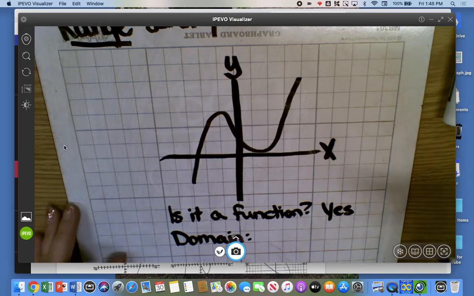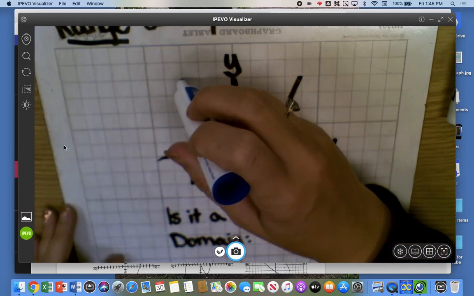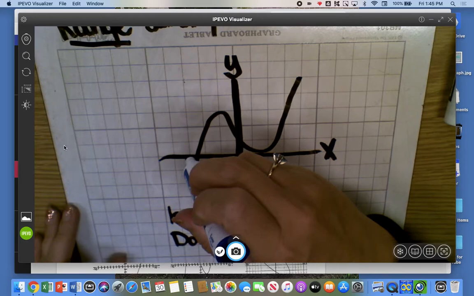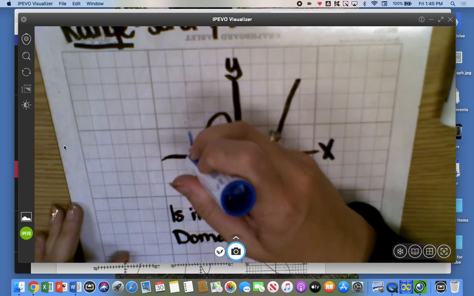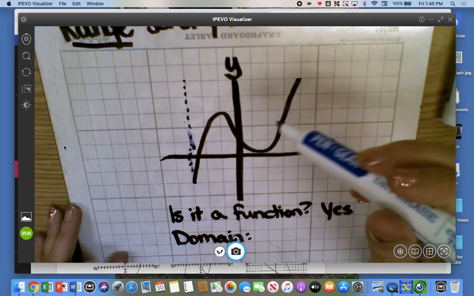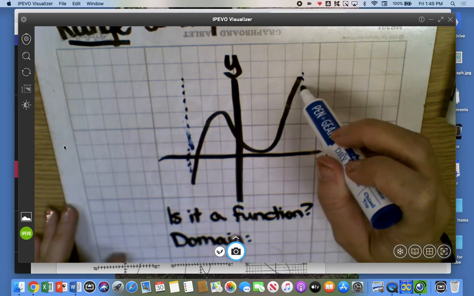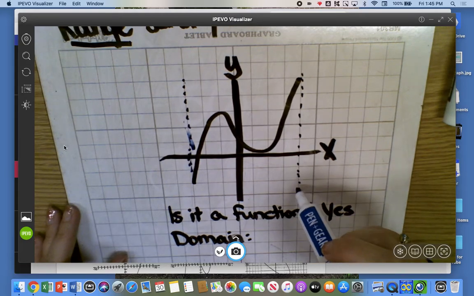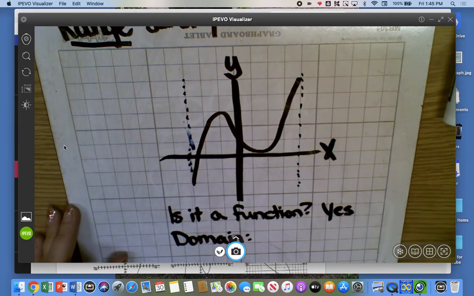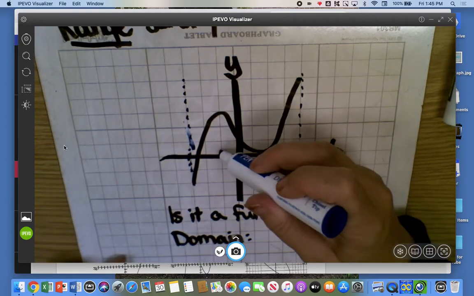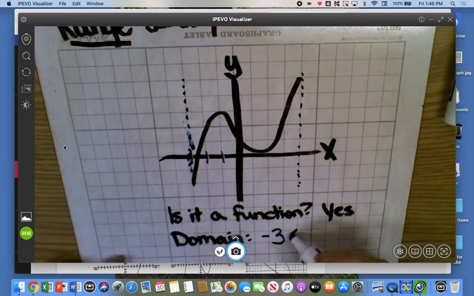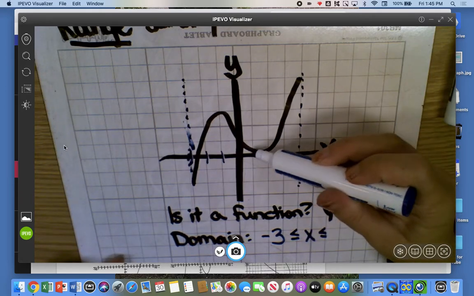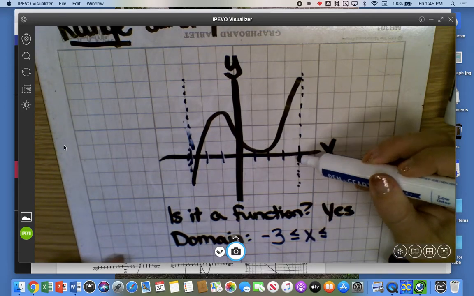So the farthest point on the left is here, and I'm actually going to draw a straight dotted line to show the starting and the ending point for the domain. So the domain, the smallest value is at -3, and then x is in between -3 and 4.